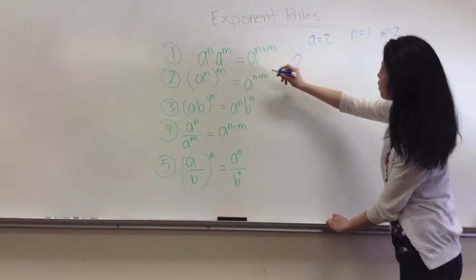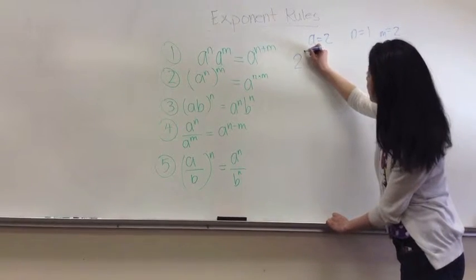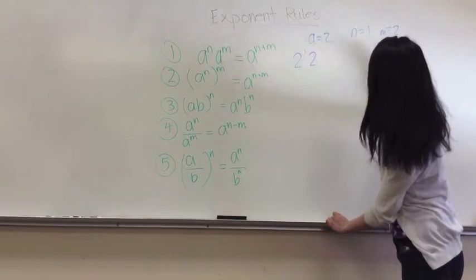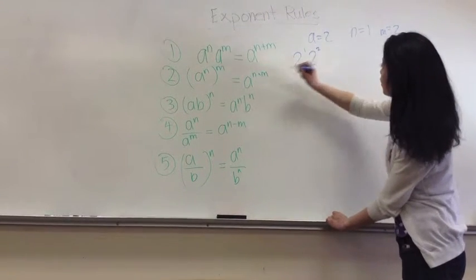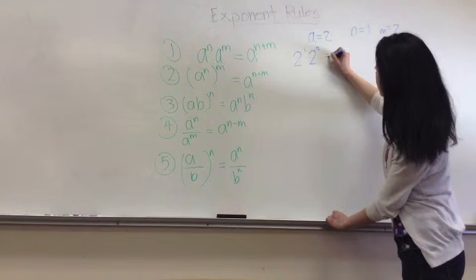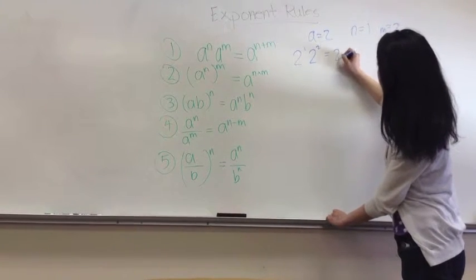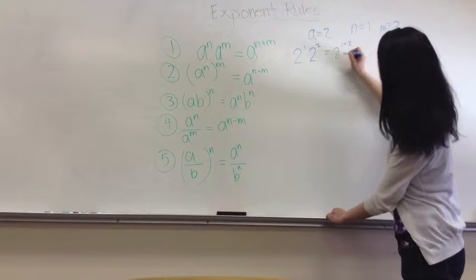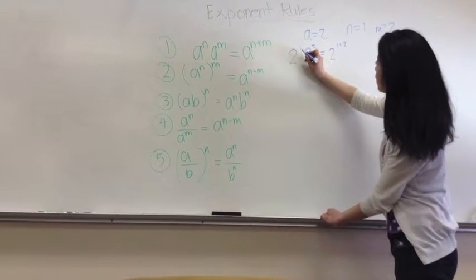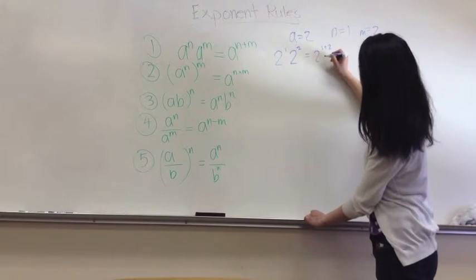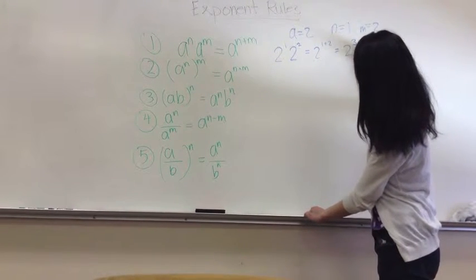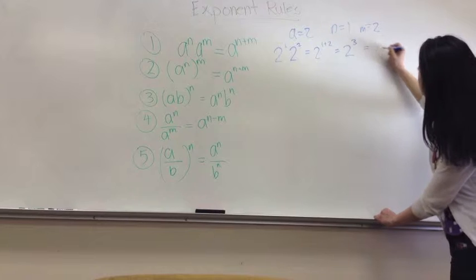Alright, so then we have 2 to the 1 times 2 to the 2 should be equal to 2 to the n plus m, which is 1 plus 2. So that means 2 to the 1 times 2 to the 2 is equal to 2 to the 1 plus 2, which equals 2 cubed. And that should equal 8.